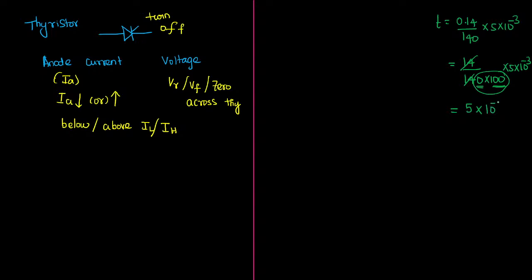So totally two 10 power minus 3 terms are there, which can be written as 10 power minus 6. So 5 into 10 power minus 6, which can be written as 5 microsecond. So the time taken by the SCR to turn on is exactly 5 microsecond.